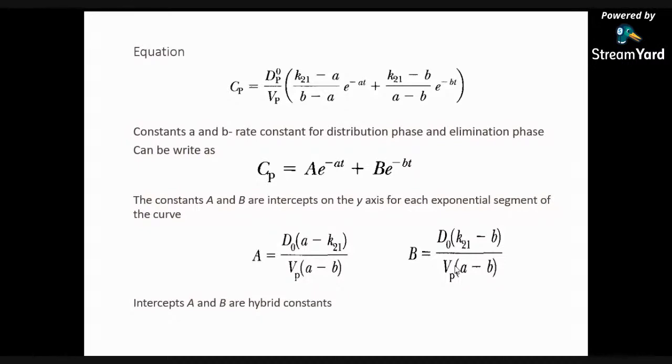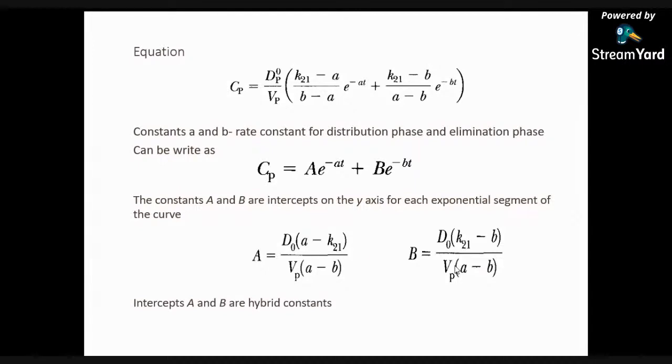D0 in bracket k21 minus a, bracket complete, upon Vp in bracket a minus b. And in case of B, we can say that D0 in bracket k21 minus b, bracket complete, upon Vp in bracket a minus b, bracket complete.